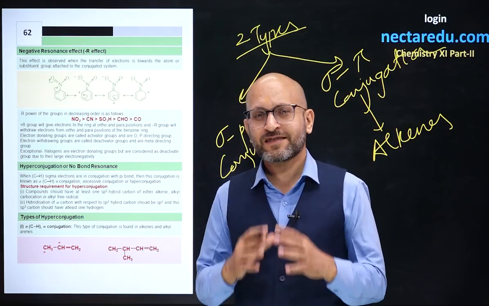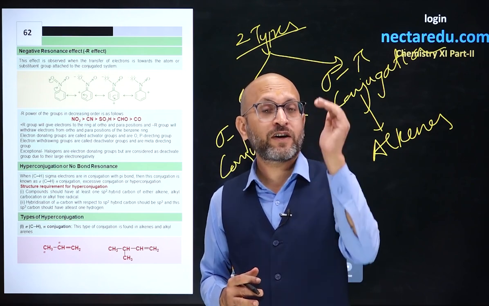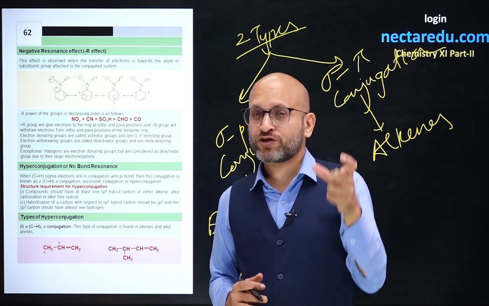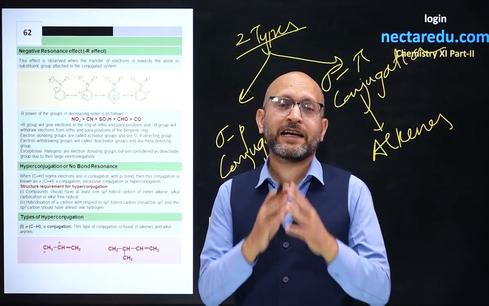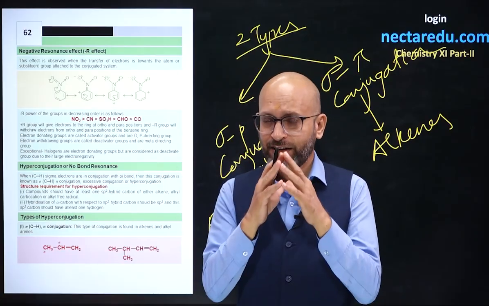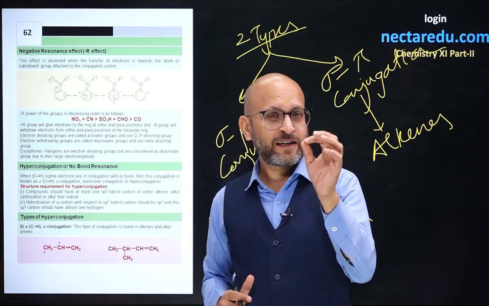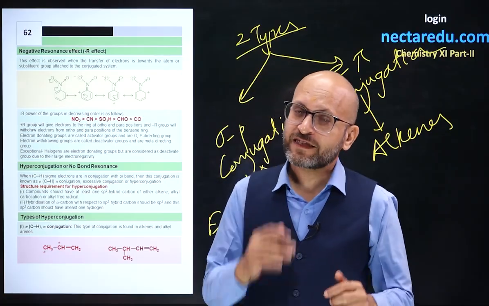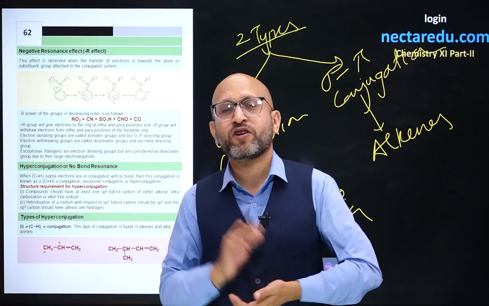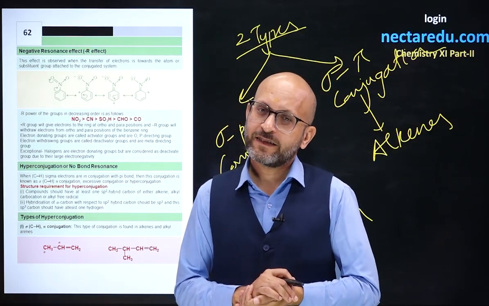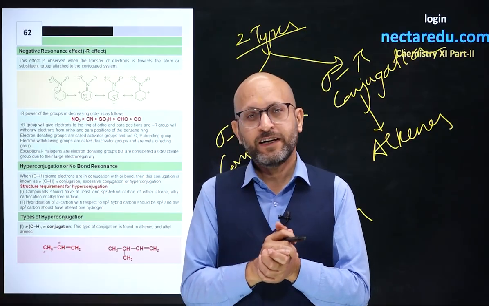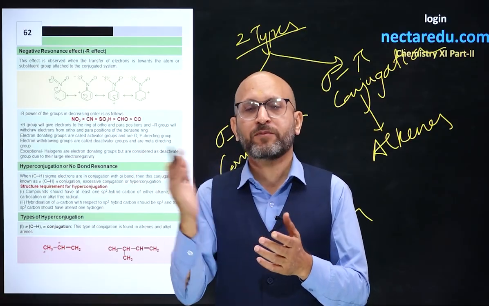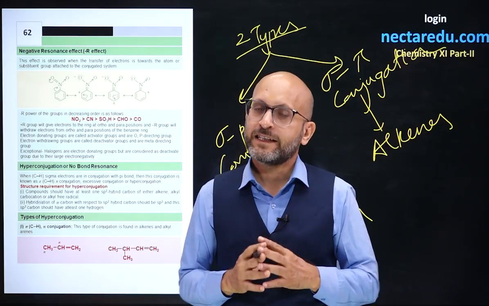Hyperconjugation is the conjugation of alpha carbon hydrogen sigma electrons with the empty p orbital in carbocation and free radical, whereas it is conjugation of adjacent sigma electrons with antibonding pi orbital of alkenes. So it is basically a conjugation of sigma electrons either with p orbital or with antibonding pi orbital of alkenes.